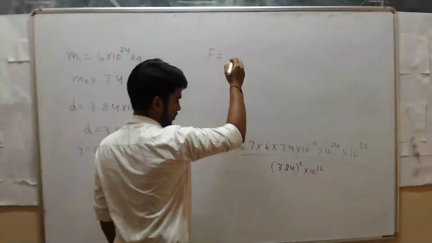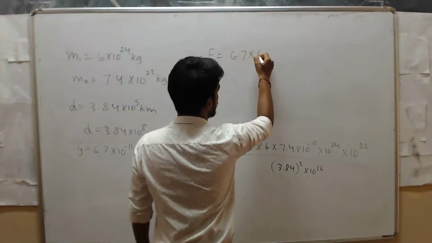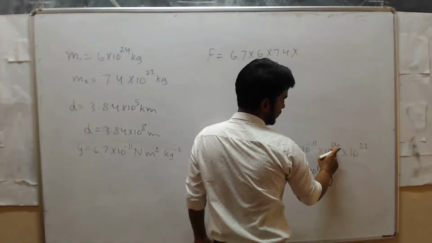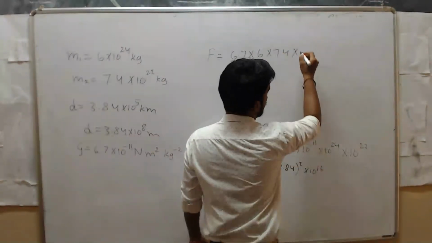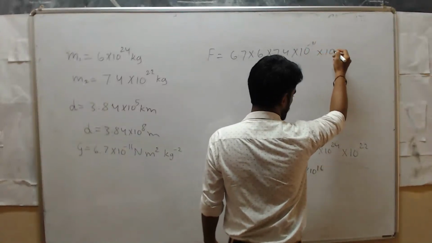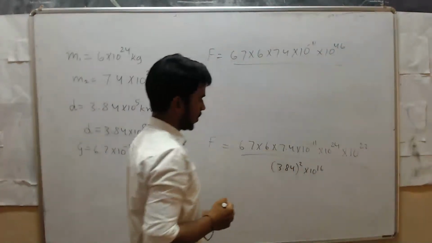F is equal to 6.7 into 6 into 7.4 into 10 raised to the power 24 plus 22, times 10 raised to minus 11 into 10 raised to power 46, divided by 3.84 squared.